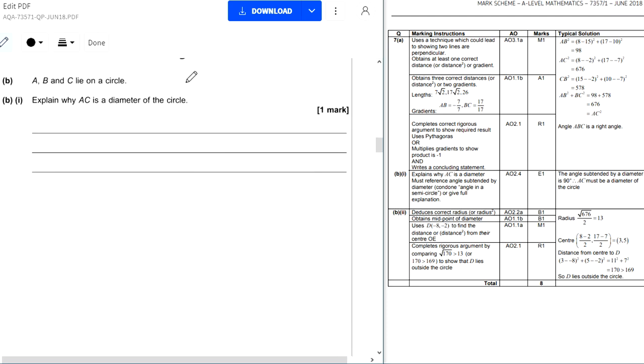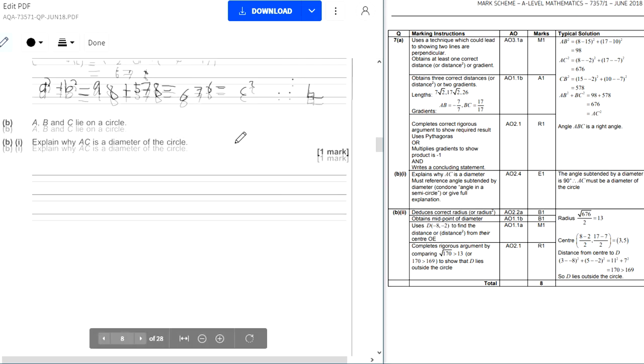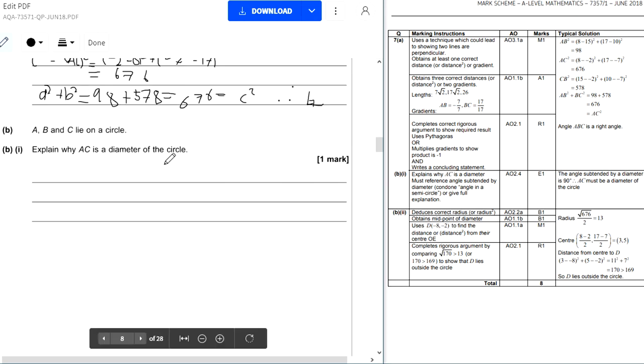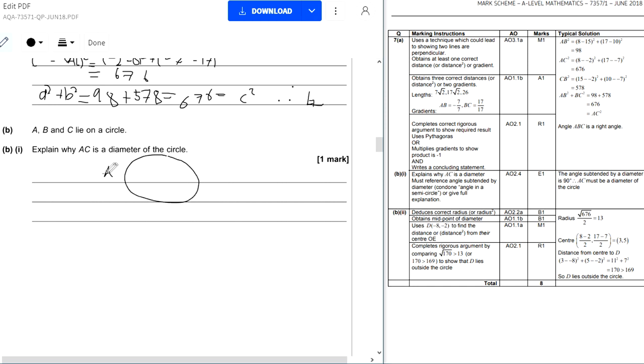A, B, and C lie on a circle. Explain why AC is the diameter of the circle. So this just goes back to the GCSE actually. If you recall, you can draw this, A, B, C. So that's a right angle we have established.